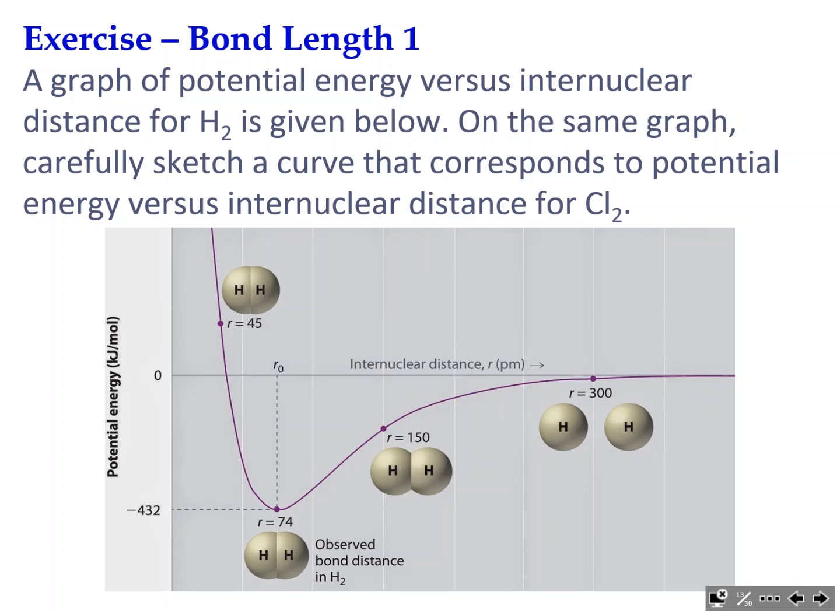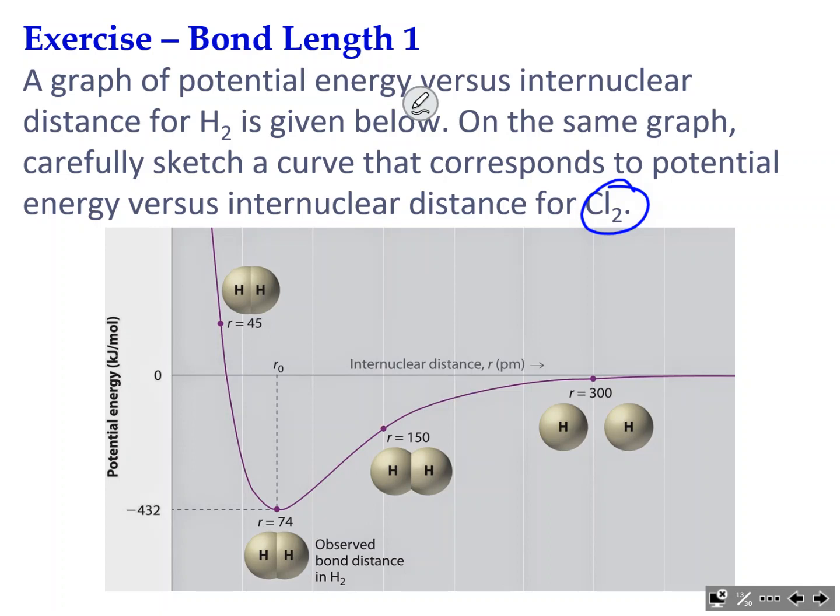Okay, so I've heard some good discussion here. Yes, Cl2, bond length going to be longer or shorter than H2? Should be longer. Remember, chlorine has 3 principal energy levels. Hydrogen only has the 1, so hydrogen atoms are pretty small.